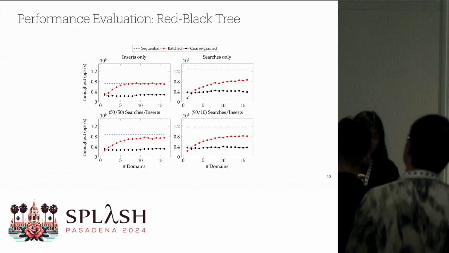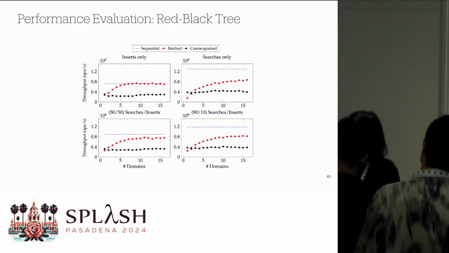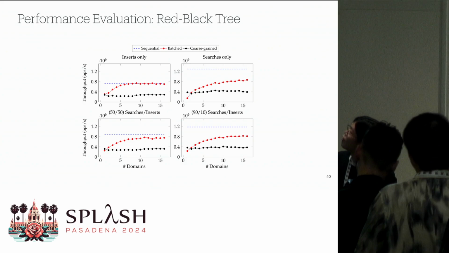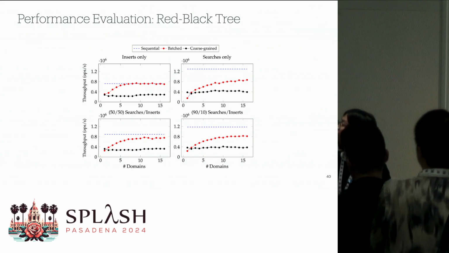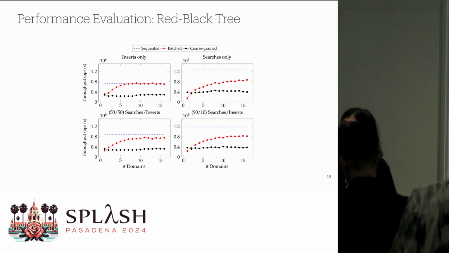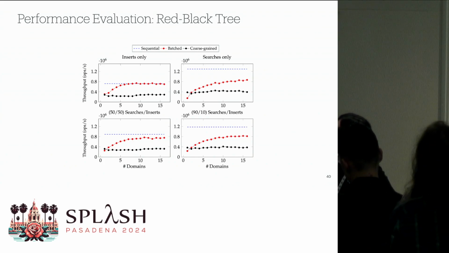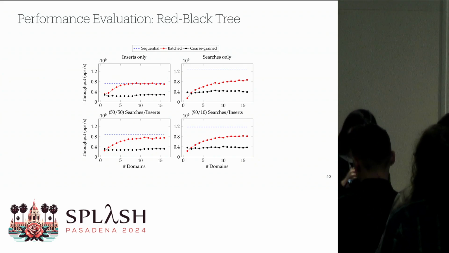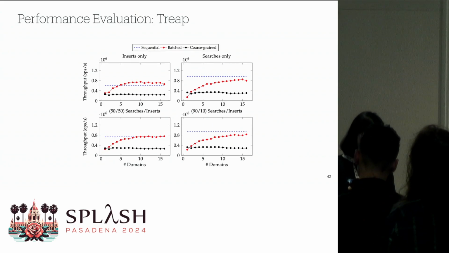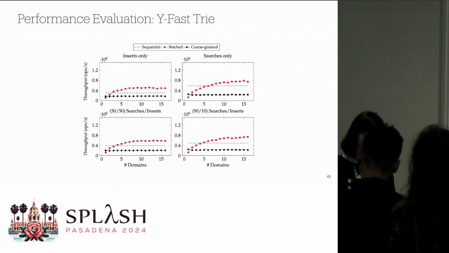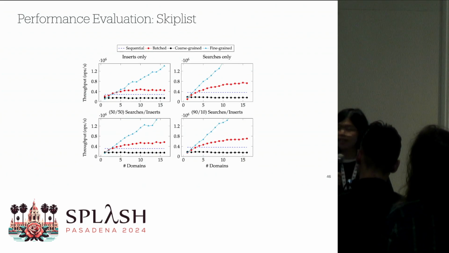Actually, that is a very interesting question. If you look at the performance here, say you have the red black tree and you look at the throughput, you can look at the sequential line in particular, and compare that to what we get here with the skip list.